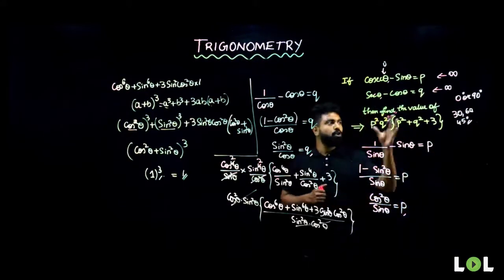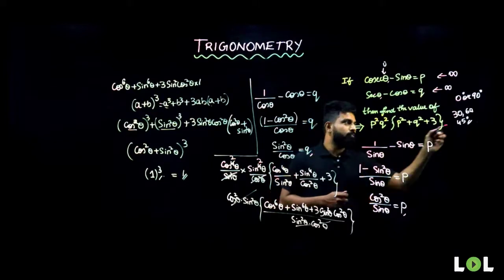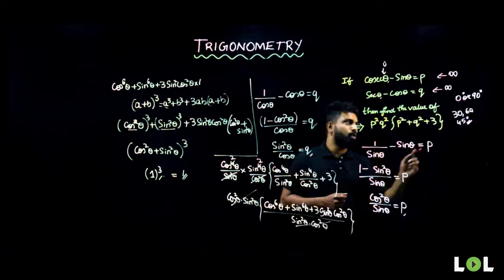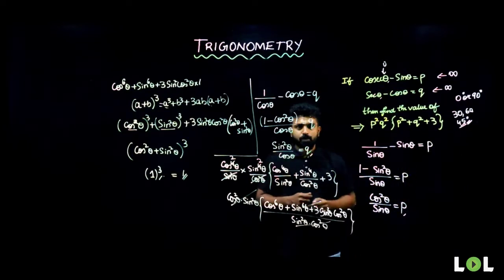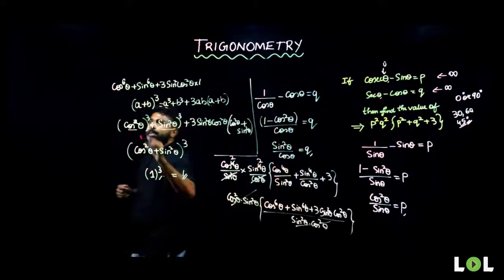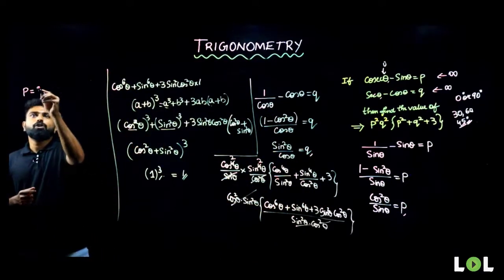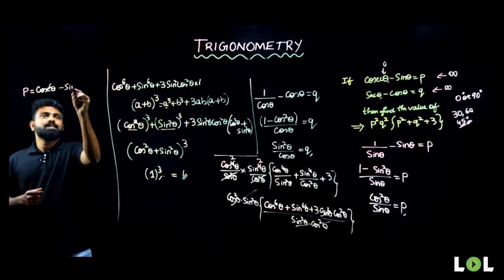But for which value are sin and cos both equal? For 45 degrees, the values of cos theta and sin theta are equal. So what I do is take the value of 45 and substitute here. So what will I get as the value of P here? P is equal to cosecant theta minus sin theta.